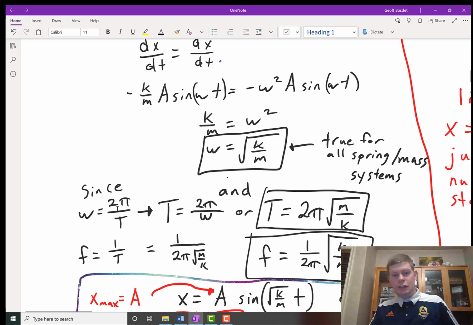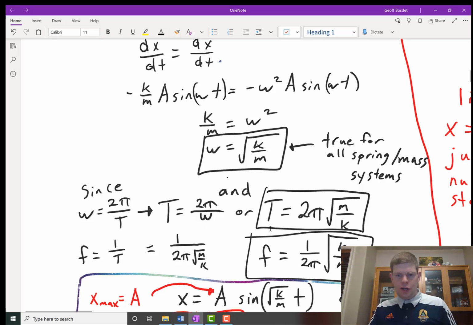One full cycle is 2 pi, and time is the period. So if we rearrange that, our period is 2 pi over the angular velocity, or the period is 2 pi square root of m over k. It became m over k instead of k over m just because we divided by it, so that flips it. So think that through.